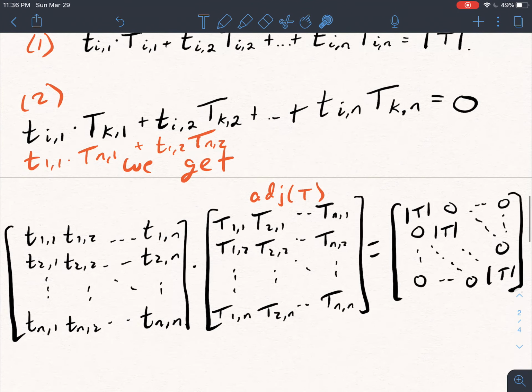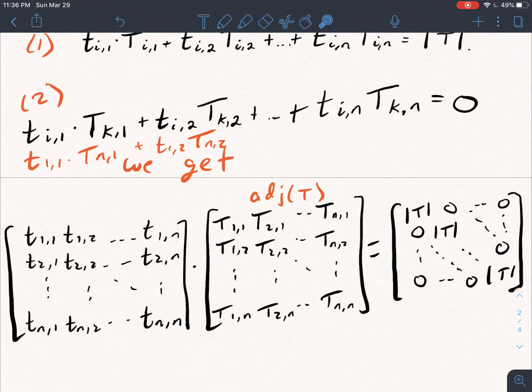So this is great. Keep in mind, this does not assume anything about T being invertible. This is just a generally true thing that holds for any matrix T: if you take the matrix T and then form the adjoint of T, and you can always form the adjoint.